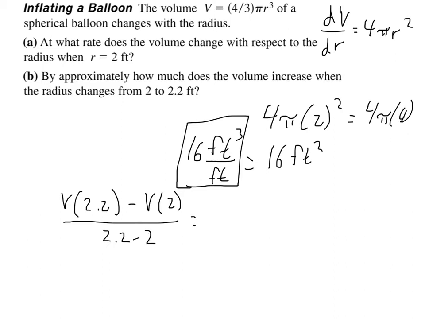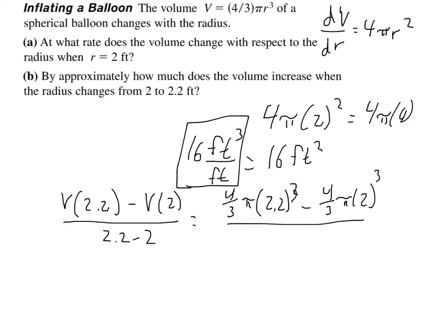So we do this, we've got 4/3 pi times 2.2 cubed minus 4/3 pi times 2 cubed all over 2.2 minus 2, which is 0.2, which I get that to be 55.5.